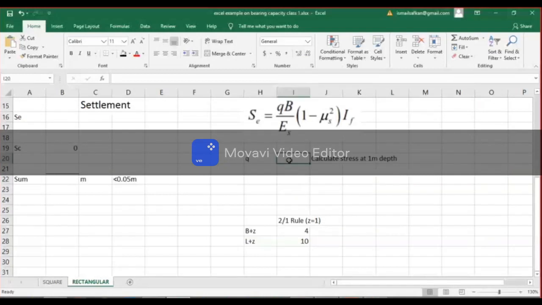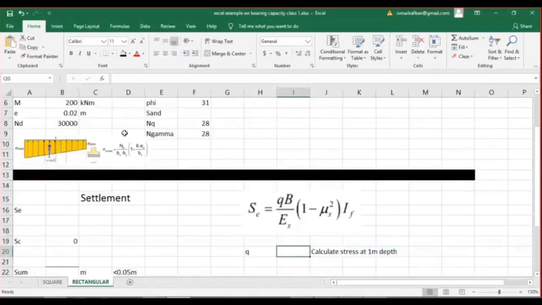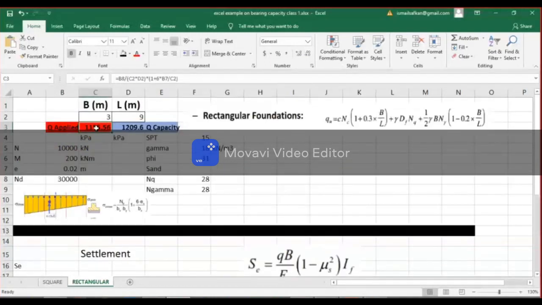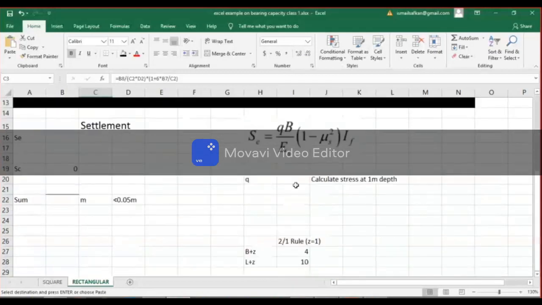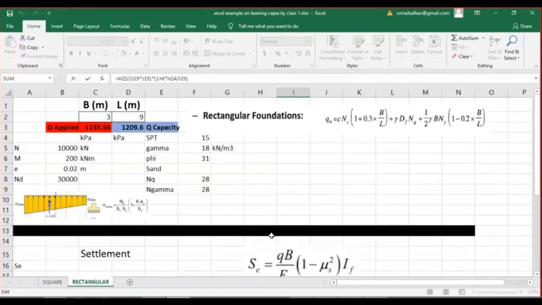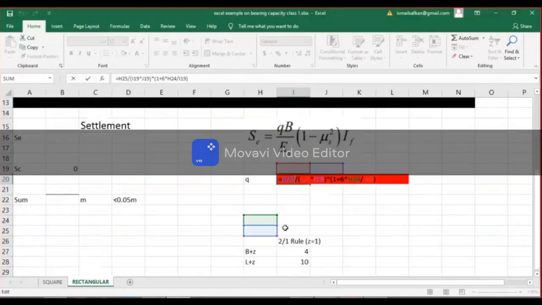The total stress we initially found, I will recalculate this. So I can copy paste the initially conducted applied stress formula here. This time the N, let's write it again so it will be clear for you.